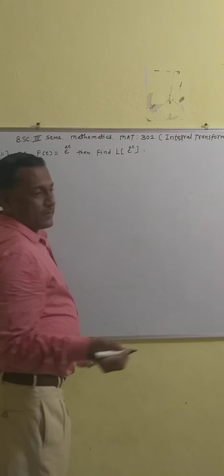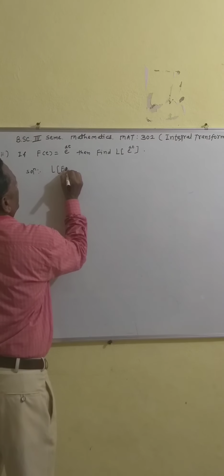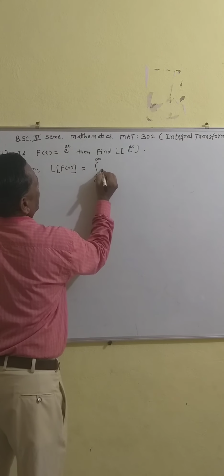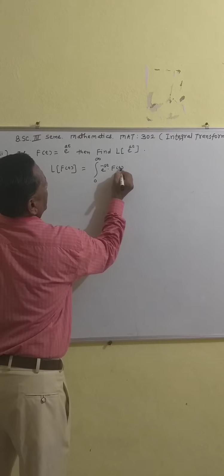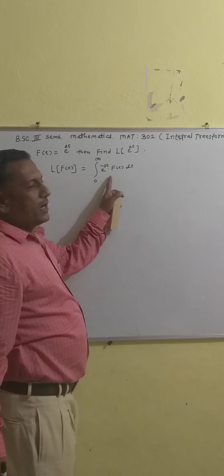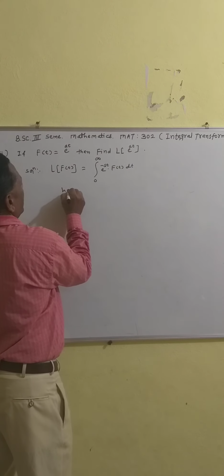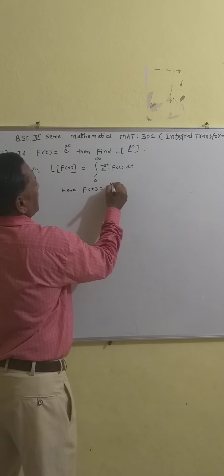Again by the definition of Laplace transform, we have Laplace transform of f of t is equal to integration going from 0 to infinity e raised to minus st into f of t dt. Here what is f of t? f of t is equal to e raised to at.